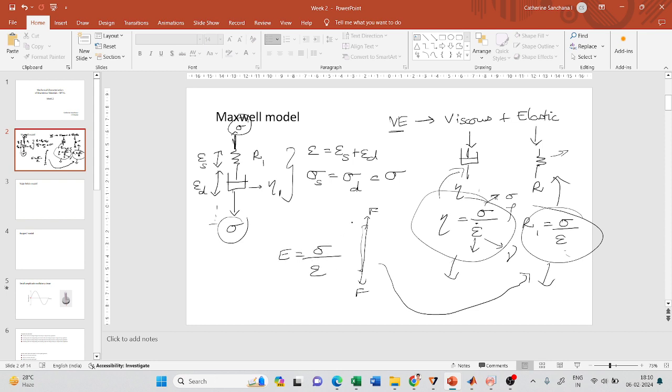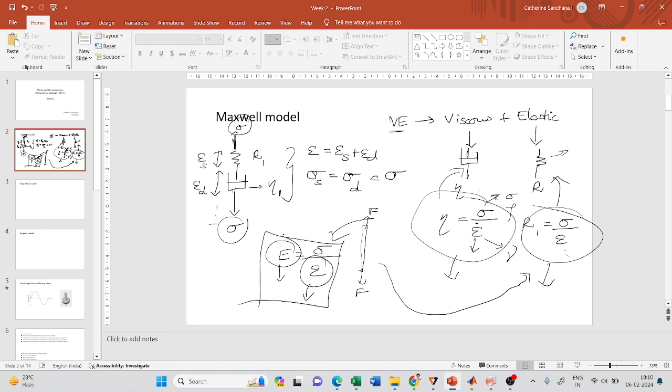Since from force I can determine stress, and knowing the modulus of the material, I can determine what could be the response of the material. The response I'm talking about here is the deformation undergone by the material. So if I'm applying force, I can calculate the deformation by making use of this model.